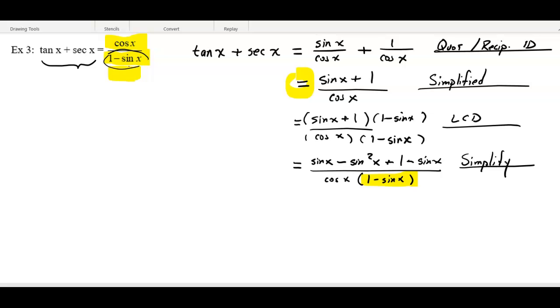So let's simplify this. So sine of x minus sine of x cancels out. I have negative sine squared of x plus 1. I'm going to rewrite that as simply 1 minus sine squared of x all over cosine of x times 1 minus sine of x. Okay, all I've done once again is simplify.